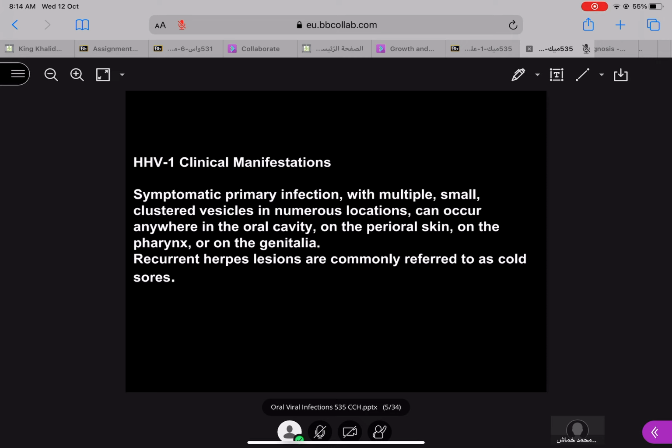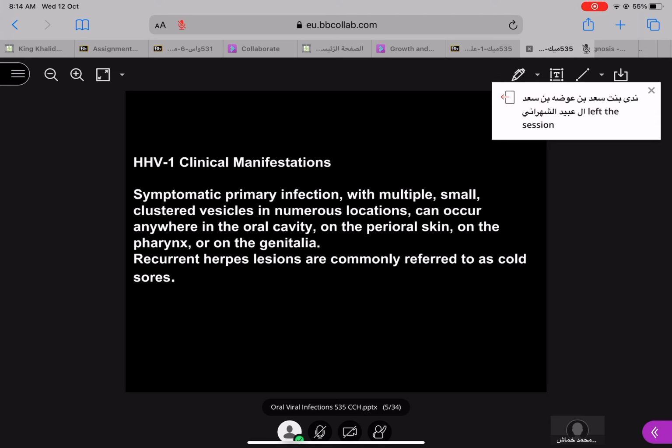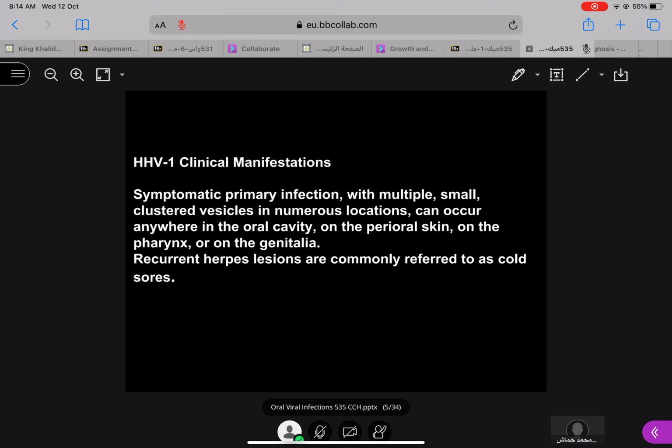There are two forms: herpes simplex 1 and herpes simplex 2. If anyone is infected with herpes virus 1, this kind of lesion, as I showed you before, can be observed on the oral area of the patient.